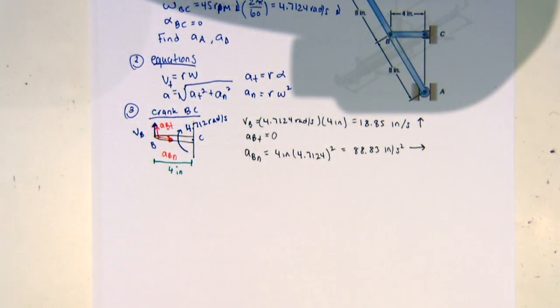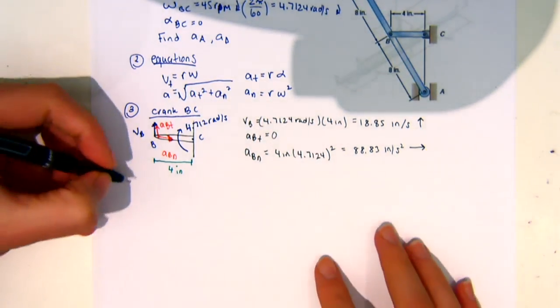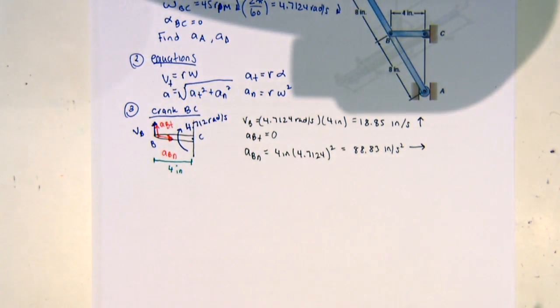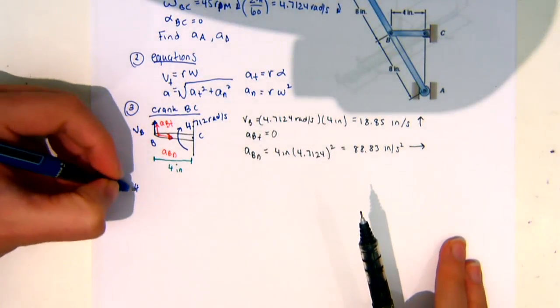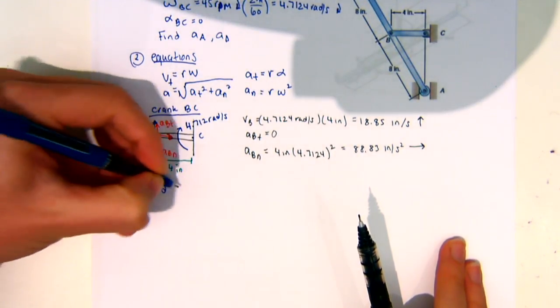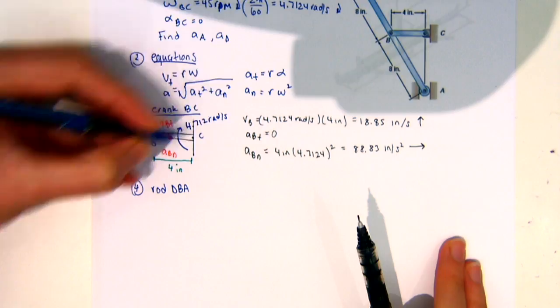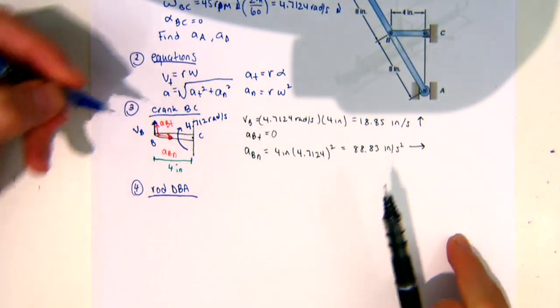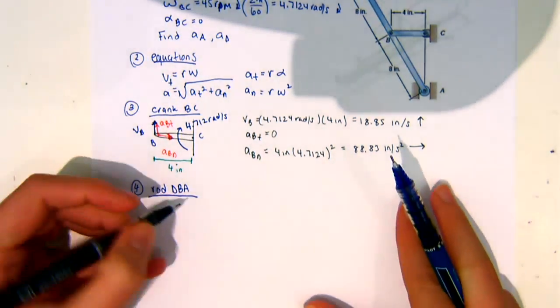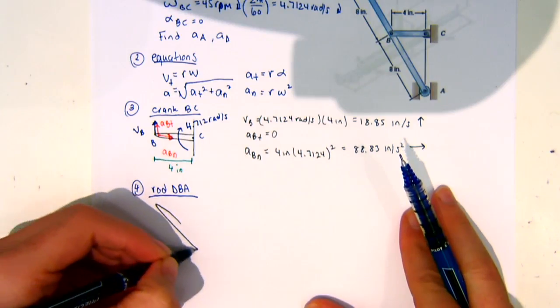So now if I look at rod DBA, so this rod is now a slant like this.